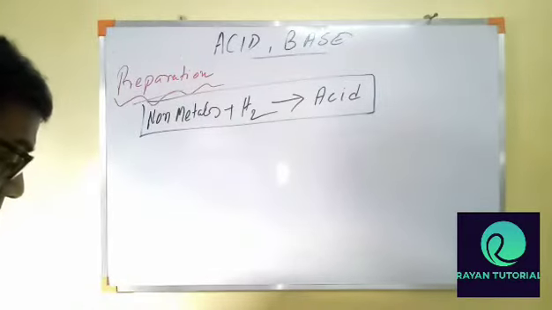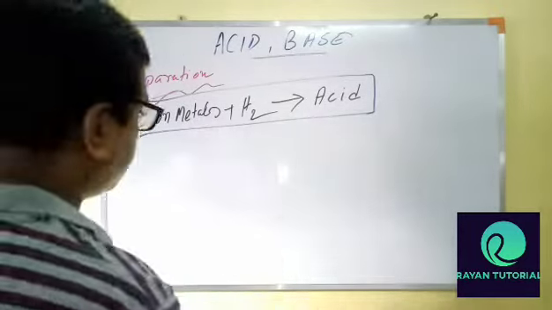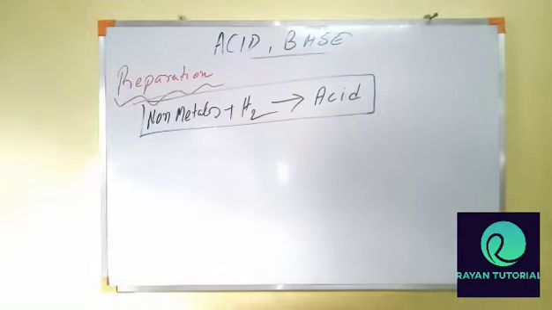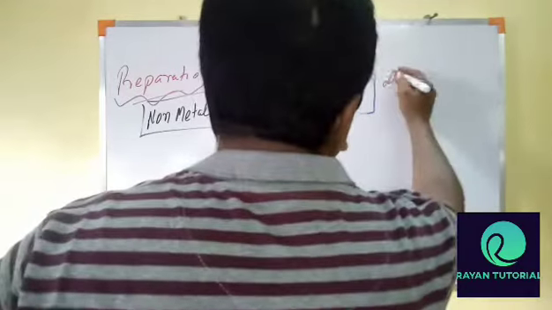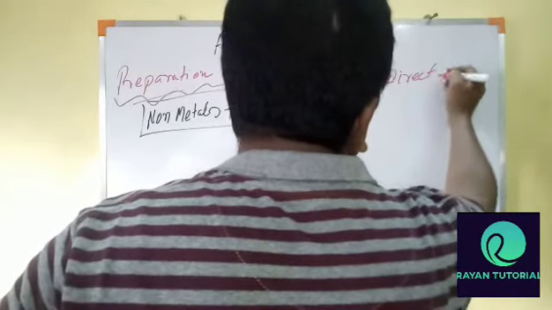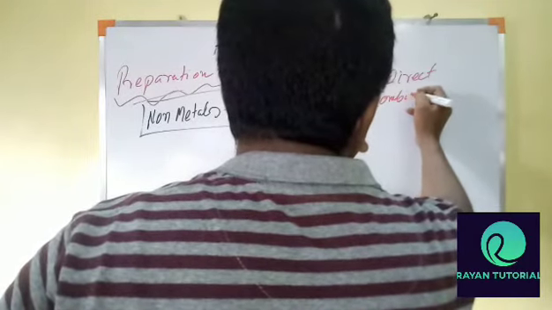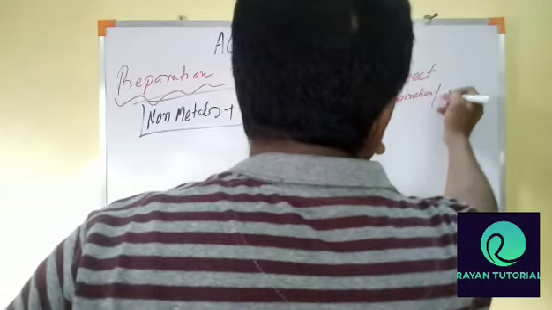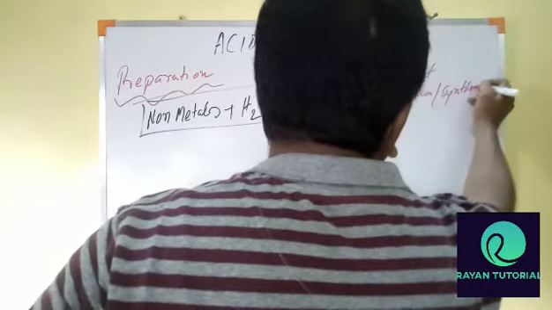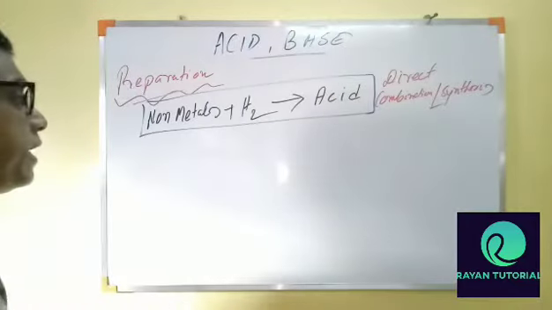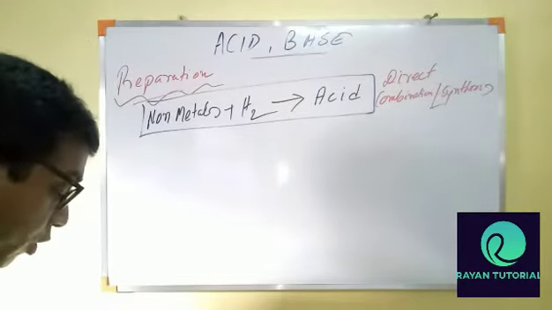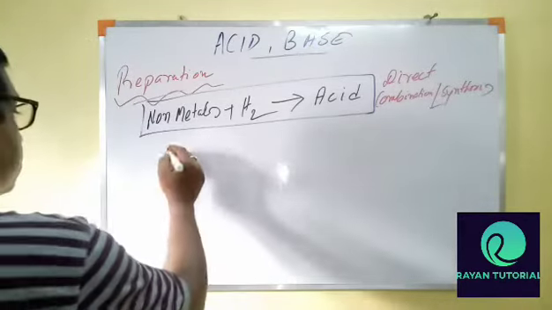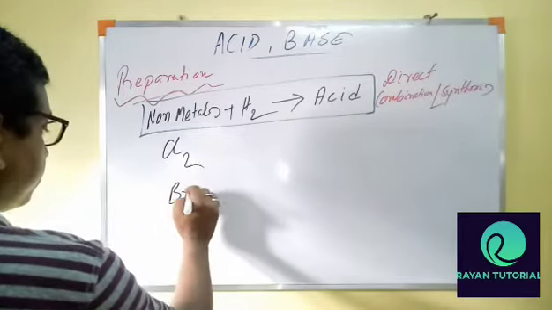Remember this one. Non-metals plus hydrogen gives acid. Clear? This one you can also say direct combination or direct synthesis. Non-metals plus hydrogen gives you acid. So name some non-metals like chlorine, bromine.